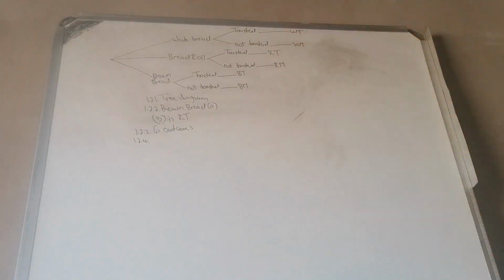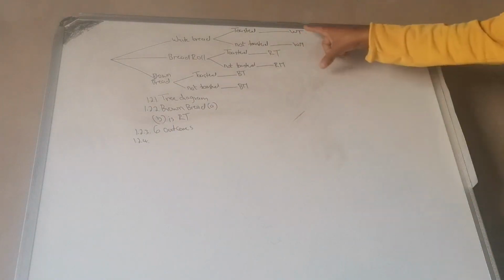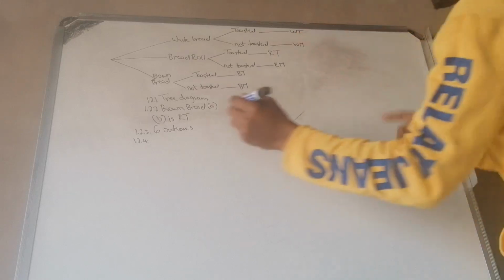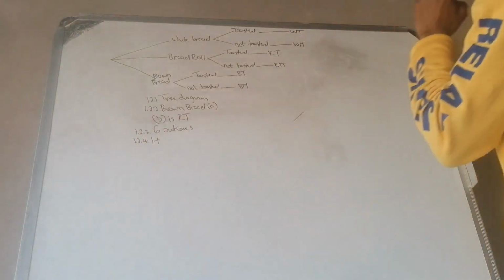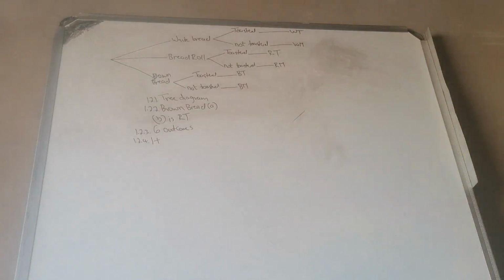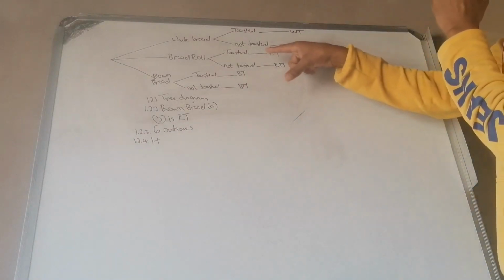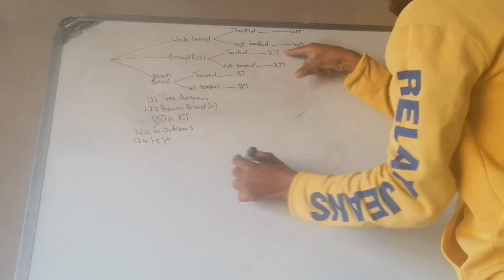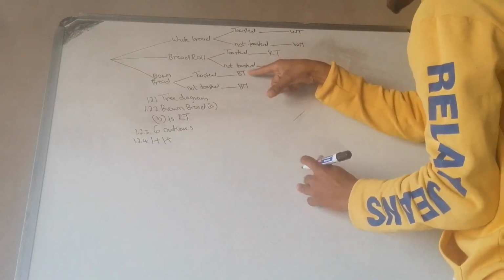These are my outcomes: white toasted, bread roll that is toasted, and brown bread that is toasted.